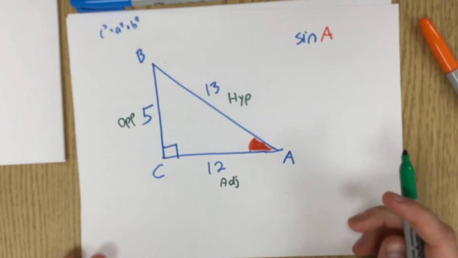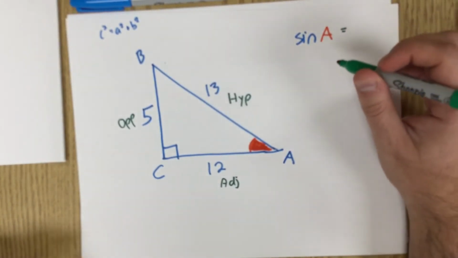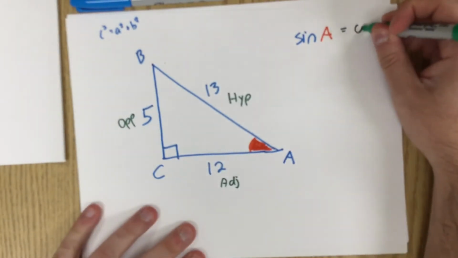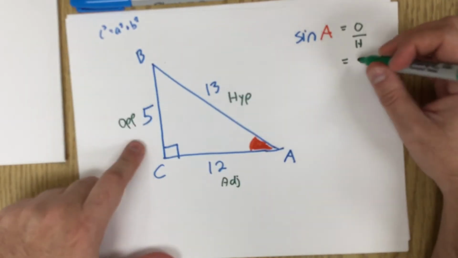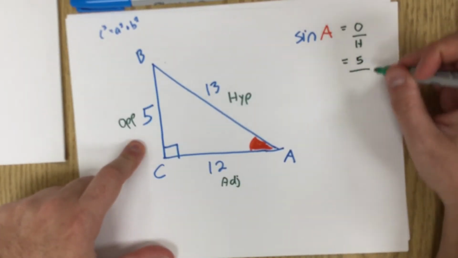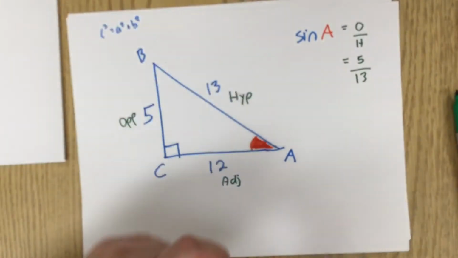The sine of A, from the previous page, is the opposite over the hypotenuse, which in this case is 5 over 13. So the sine of A in this triangle is 5 over 13.